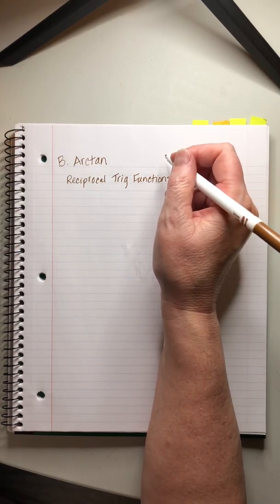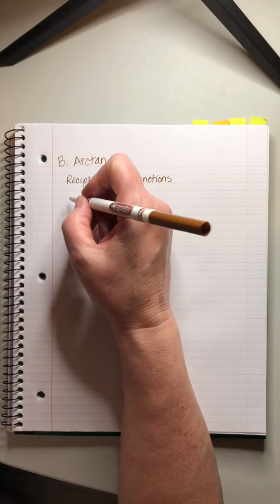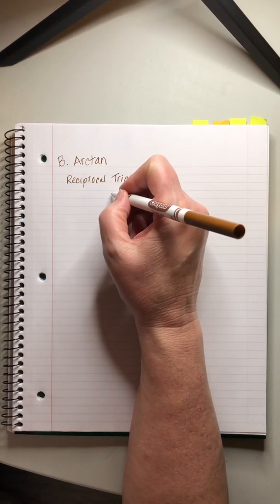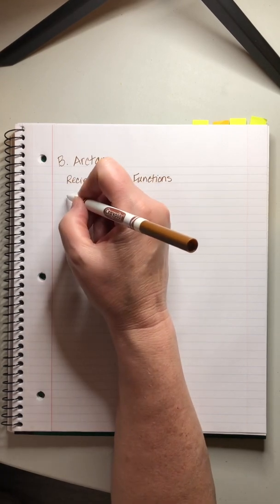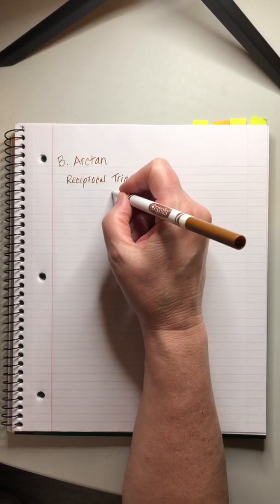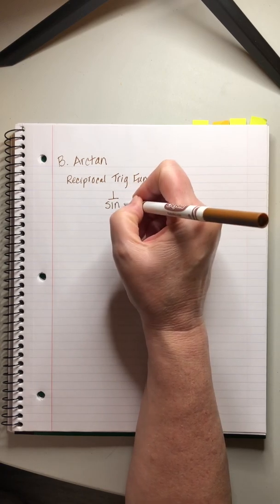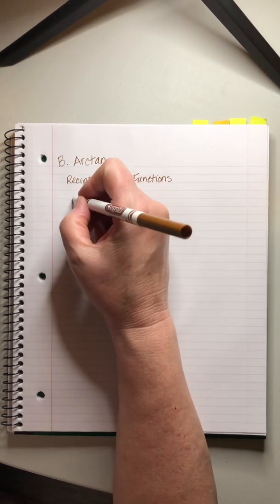Remember, the reciprocal trig functions are created by taking our old friends, and let's start with sine. If we take 1 over the sine function, we call that cosecant.